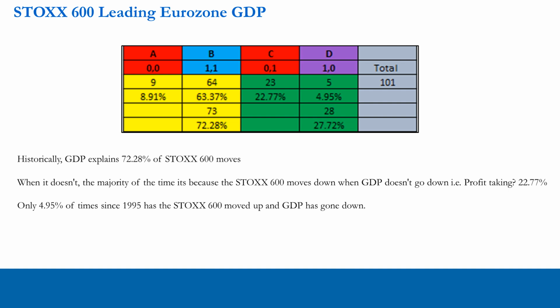So we have a 0, 1 situation. And this happens 23 cases out of 101 cases. So for 23 quarters out of our 101 quarter data set, which is 22.77% of times. And we attribute this to the market getting ahead of itself.